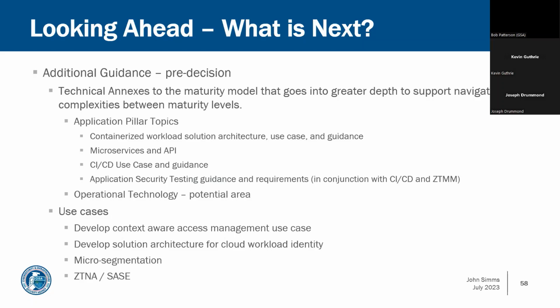So I think that you'll see more specific guidance coming out towards application security, but also one area that we just kicked off is operational technology and how you apply Zero Trust in those environments. Beyond that, as we look at building out additional content, I believe we're also going to be looking at developing some use cases that's somewhat pre-decisional at this point, but those are some areas that we're looking at in terms of enhancing what we have already in version 2. Next slide, please.